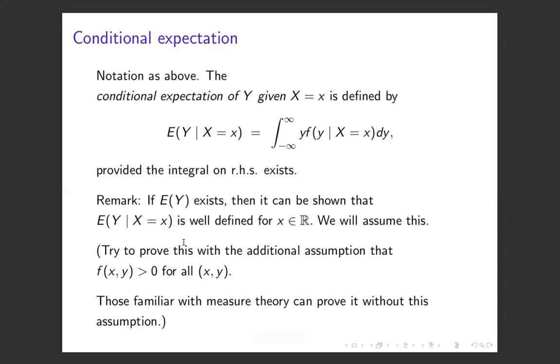So to get a feeling for this, you try to prove this with the additional assumption that the joint density is strictly positive for all x. Then that will ensure that the conditional PDF is defined for every x.